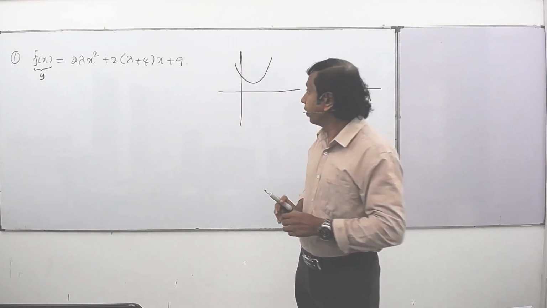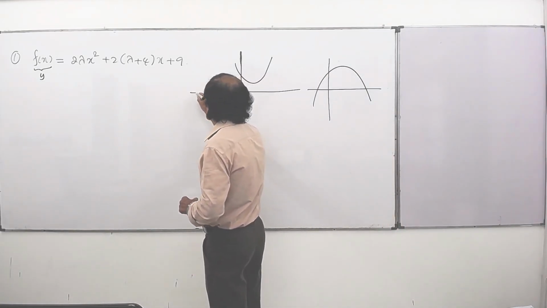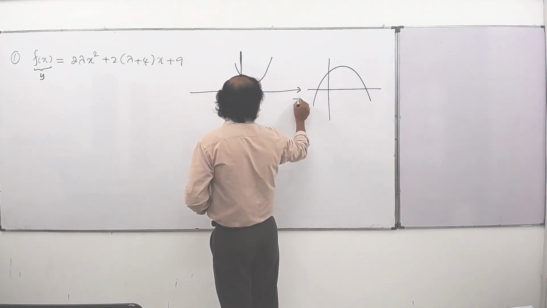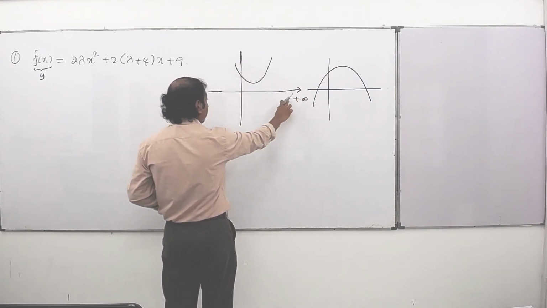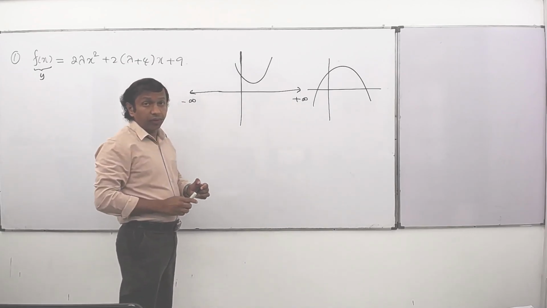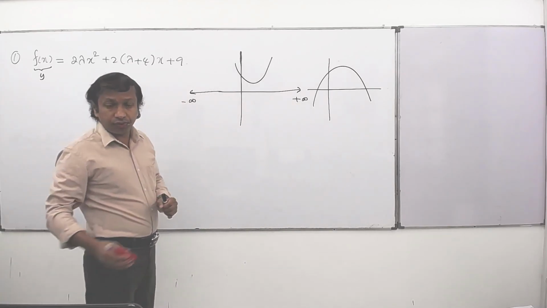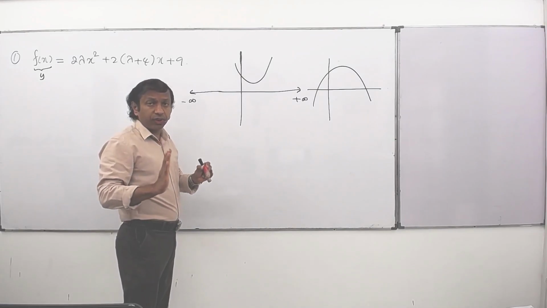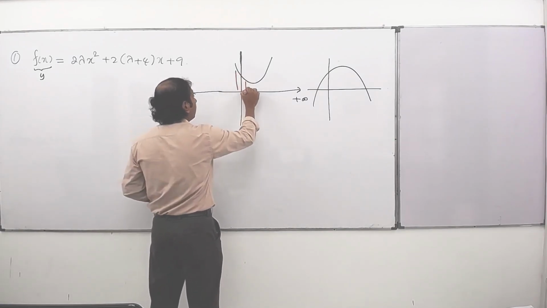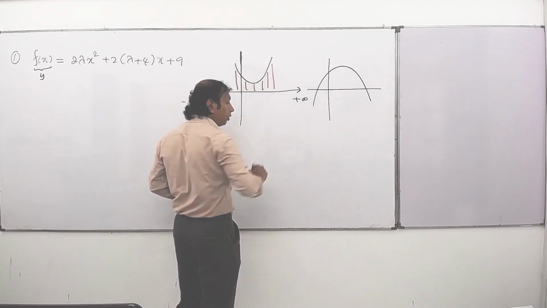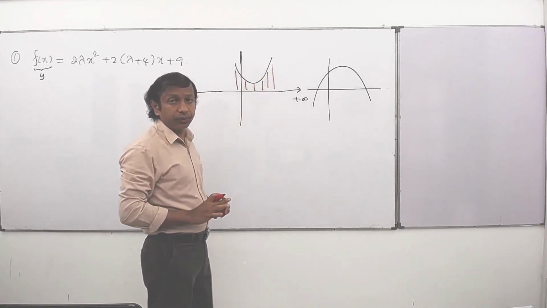In the sense, when you move on the x-axis from negative infinity up to positive infinity, for that interval of x, at every x value, the y coordinate should be positive. f(x) means y coordinate.